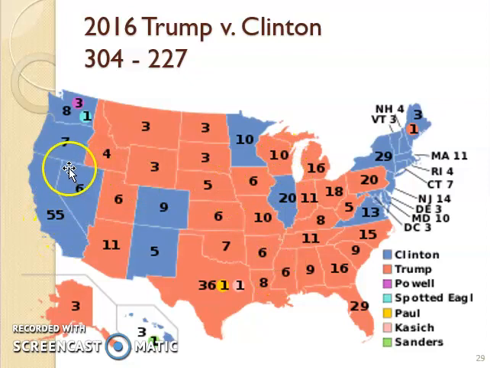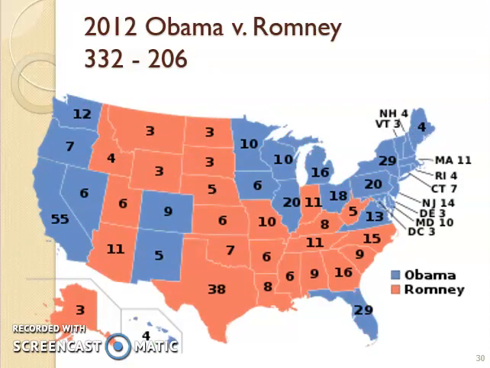That's because there's so much population in these areas right here. But that is generally not the way it happens. So it's not enough to win the popular vote. You've got to win votes state by state. And Clinton did not win the right states.